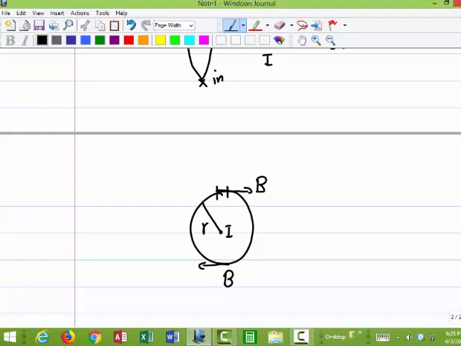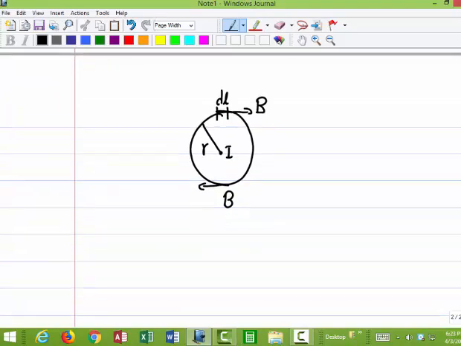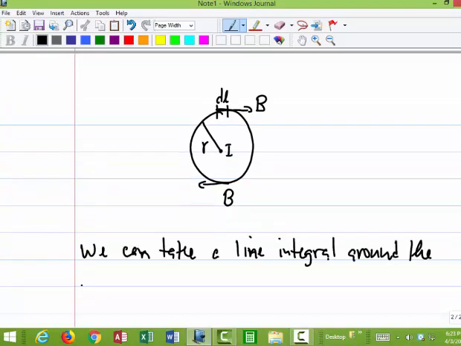If we take a segment of length dl here, then we will take a line integral around the closed loop of radius r.